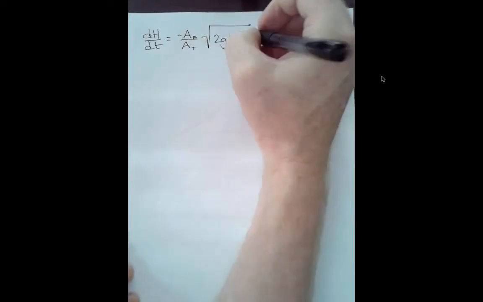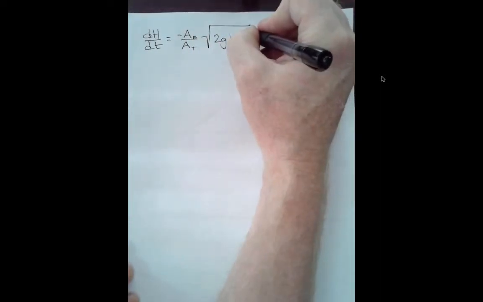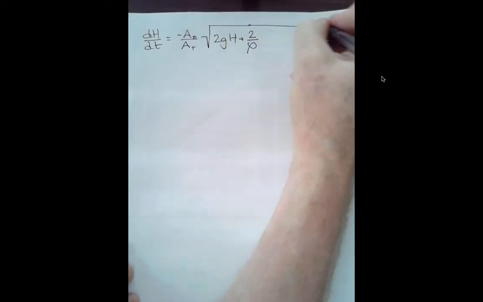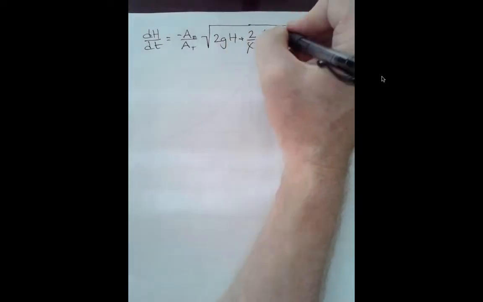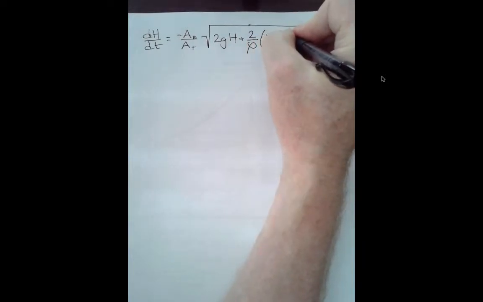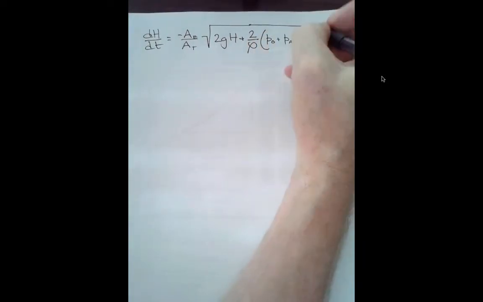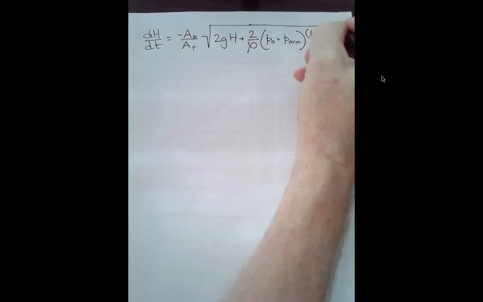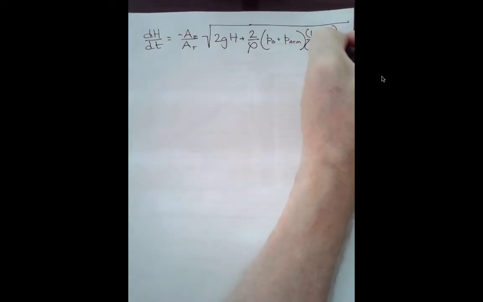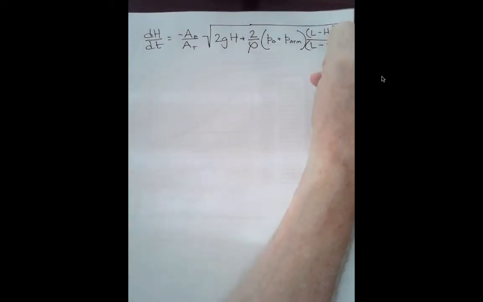So we have dH dt equals minus AE over A tank, square root of 2G cap H, that's a variable, plus 2 over rho times P0 plus P atmosphere, L minus H0 over L minus H, minus P atmosphere.